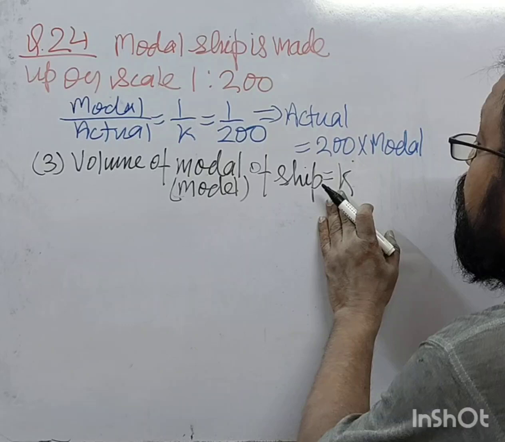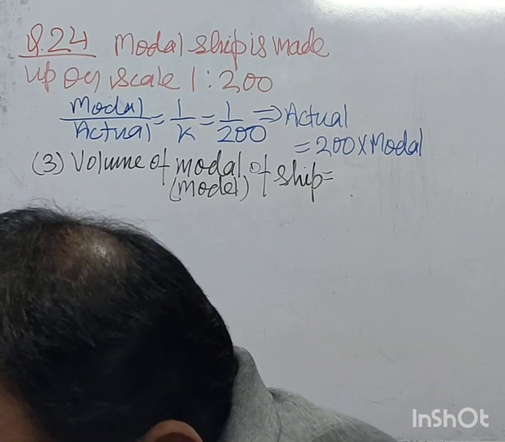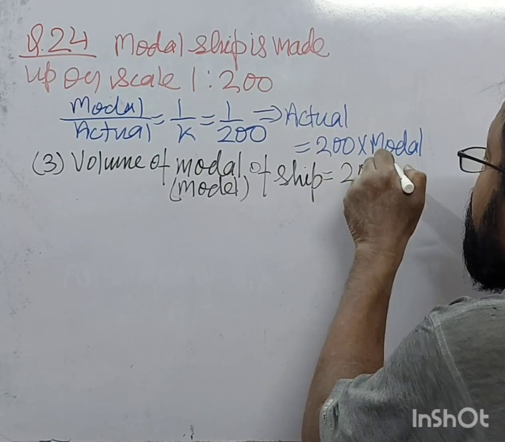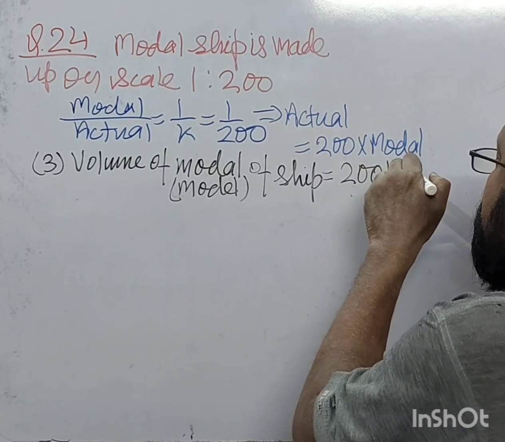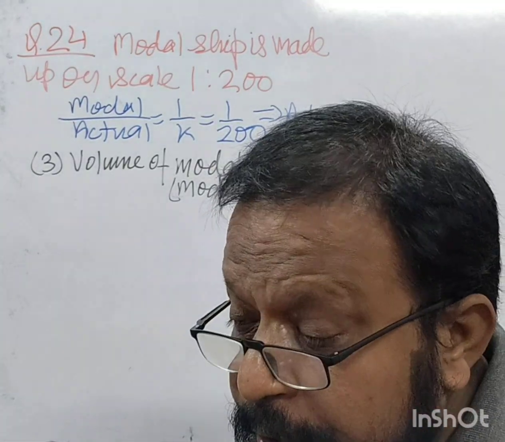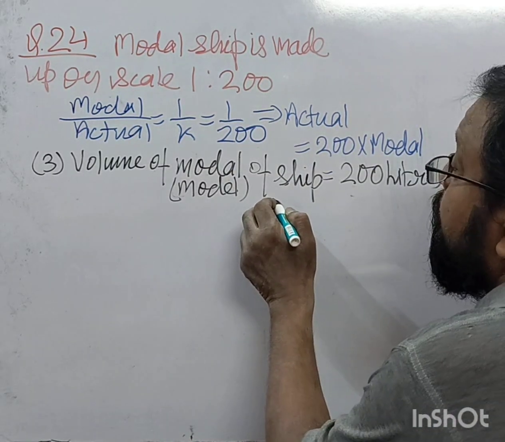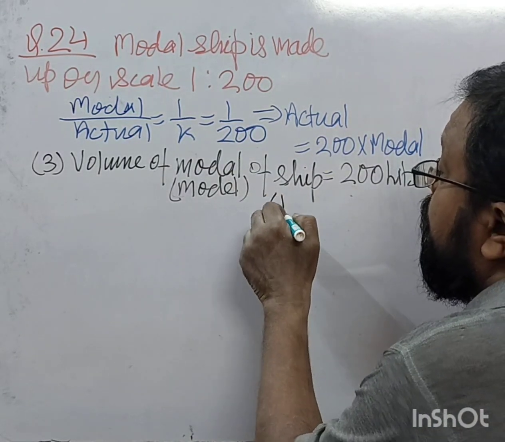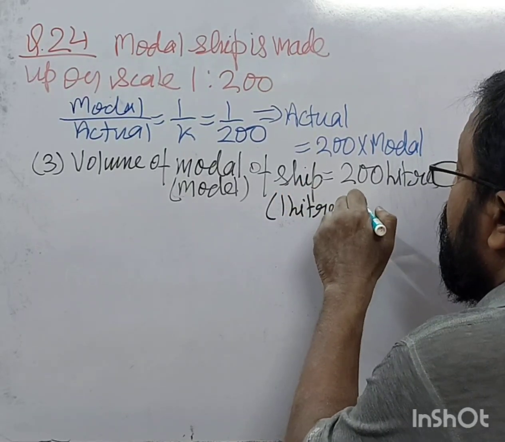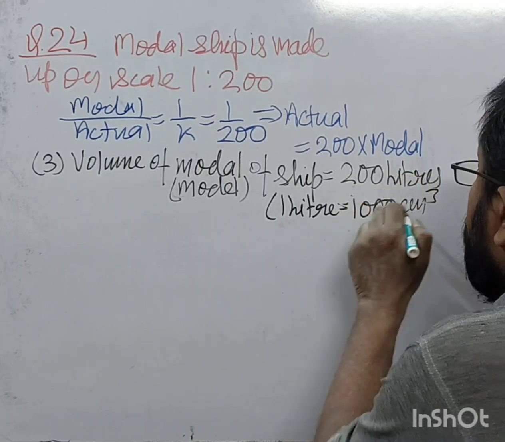The volume of model of ship is how much? 200 liters. What is 1 liter, how many centimeter cubes does it have? 1 liter is equal to 1000 centimeter cube.